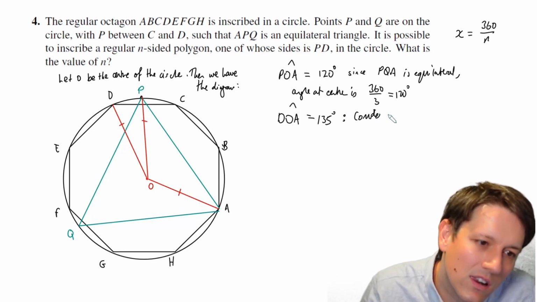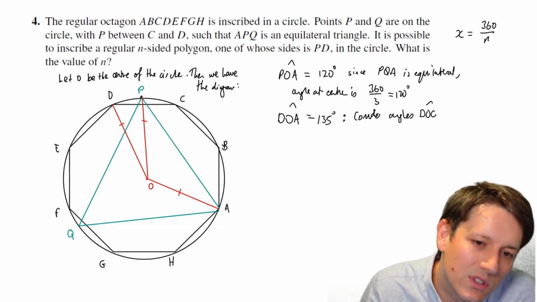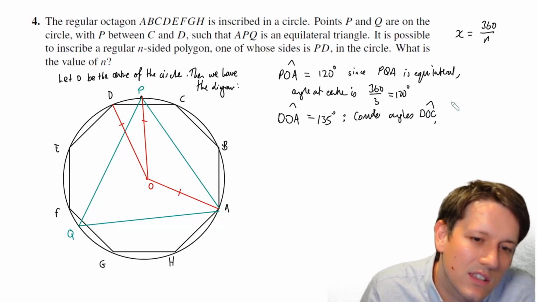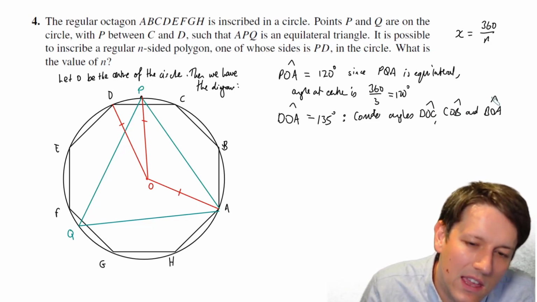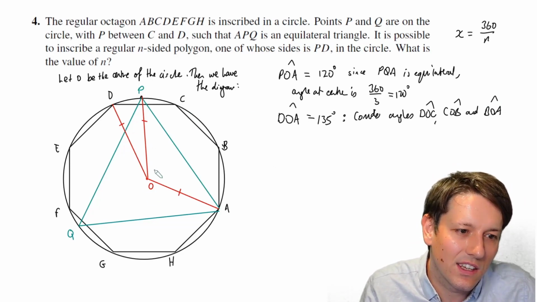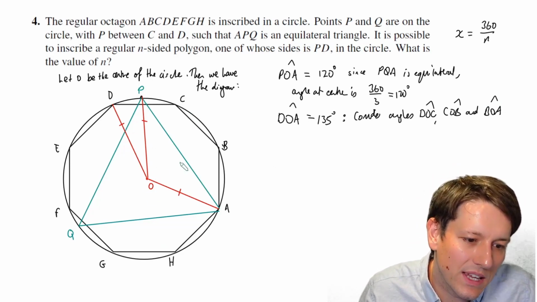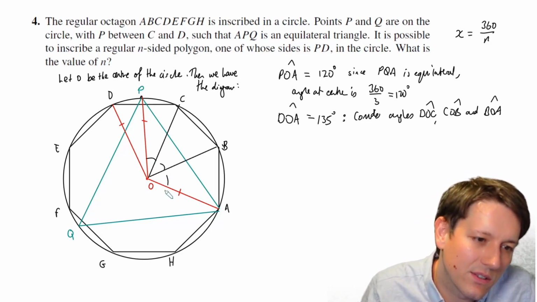consider angles DOC, COB and BOA. Now these aren't actually angles on the diagram, but they'd still make sense. DOC is the one that I drew, when we had these extra lines in here. They're exactly these angles that we were talking about.